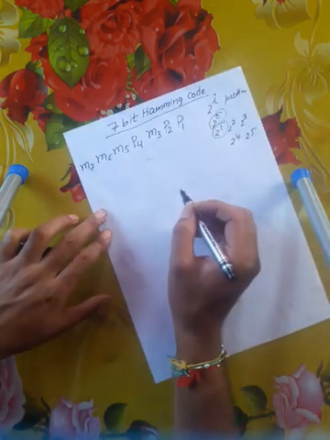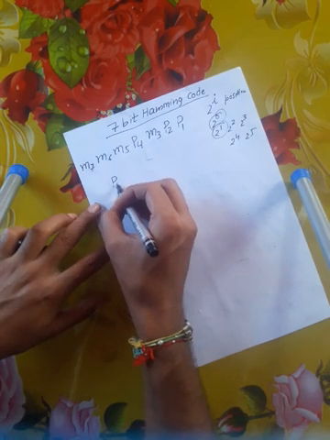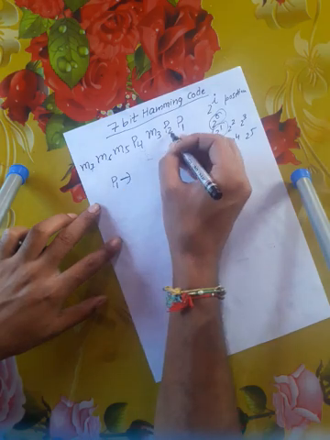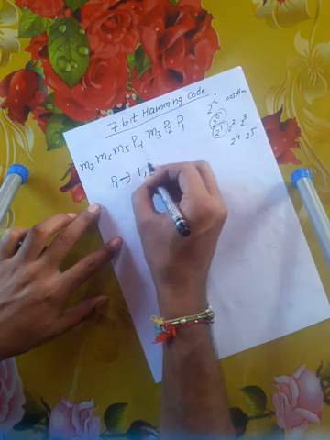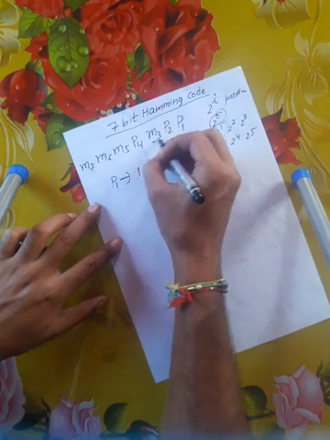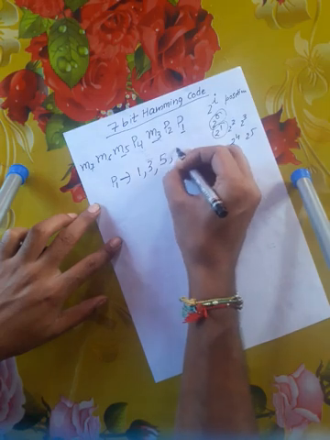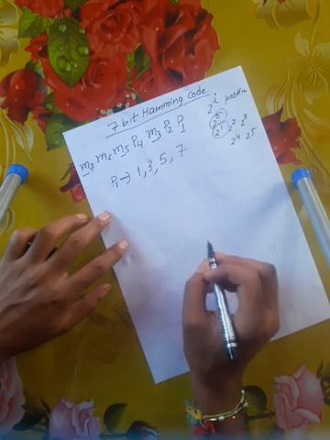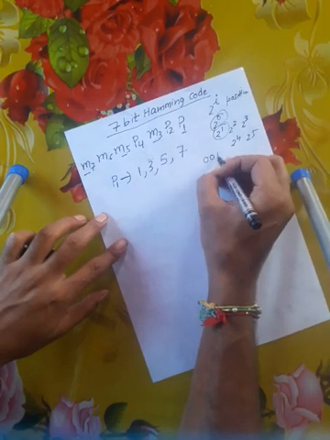Now the most important thing, this P1 will be responsible for bit number 1, 3, 5 and 7. How will you remember? 1 is 0, 0, 1.